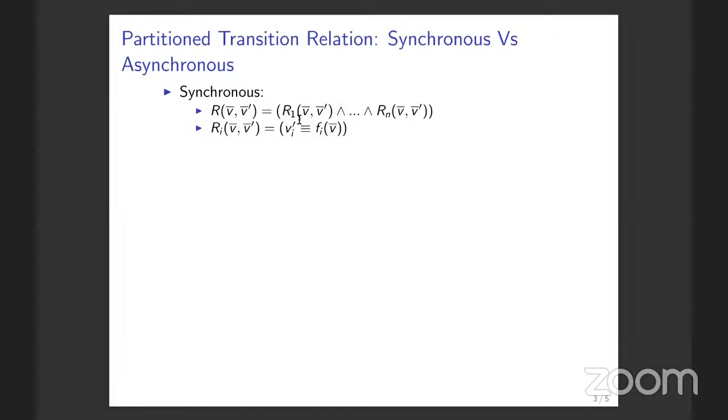You take the conjunction of the transition relation and your predicate, like R(V, V') and P(V'), and then you eliminate the V'. That's what you do.